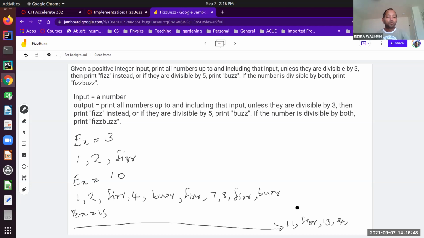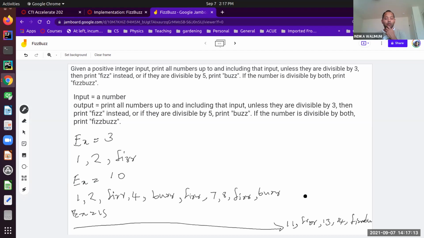Now we know that 15 is divisible by both 3 and 5. So here we're going to get our first occurrence of FizzBuzz.